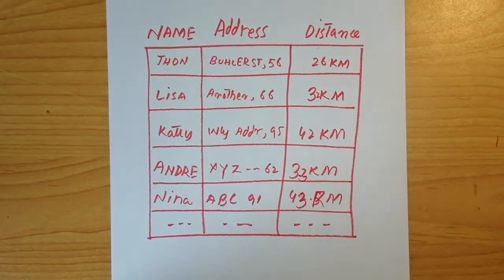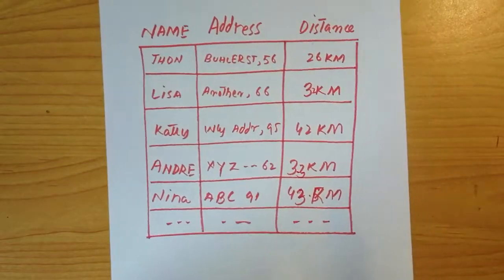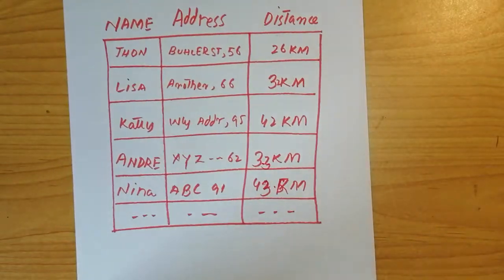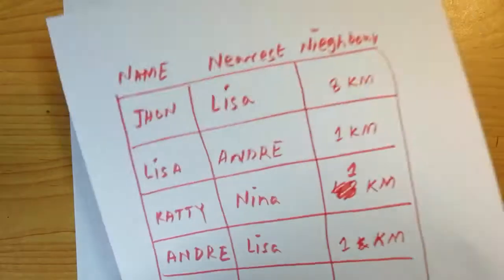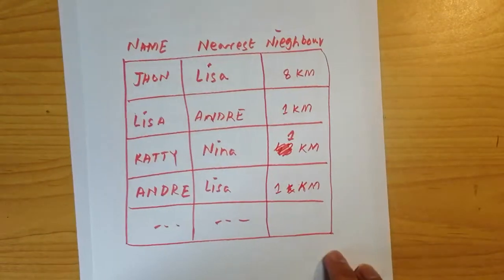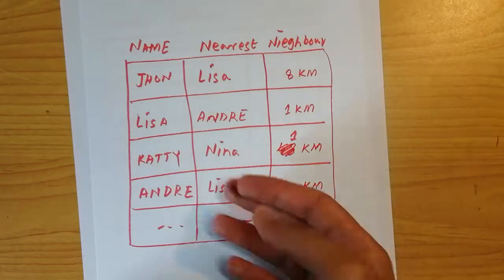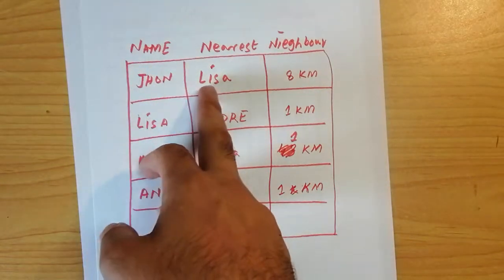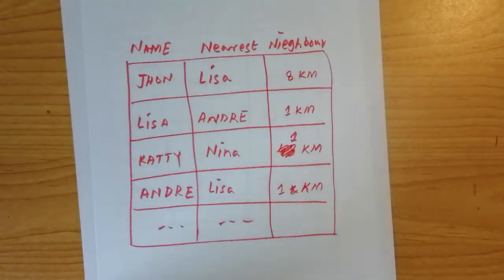Wouldn't it be nice if we had a list which was similar, but it had a new column, right? And it looks something like this. So, for example, John is closest to Lisa, and his neighbor is 8 kilometers away from him, right? And Lisa's nearest is Andre, and Katie is the other person, and Nina is closest to her.